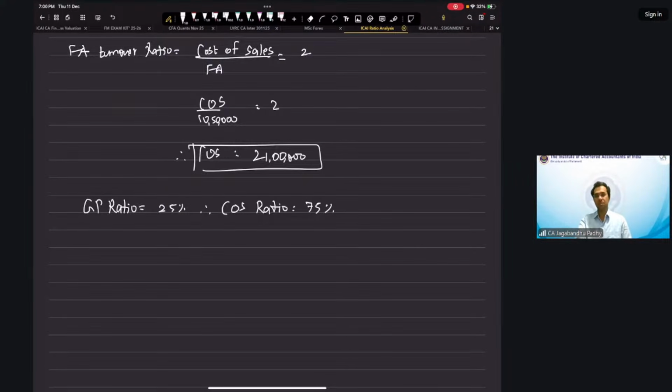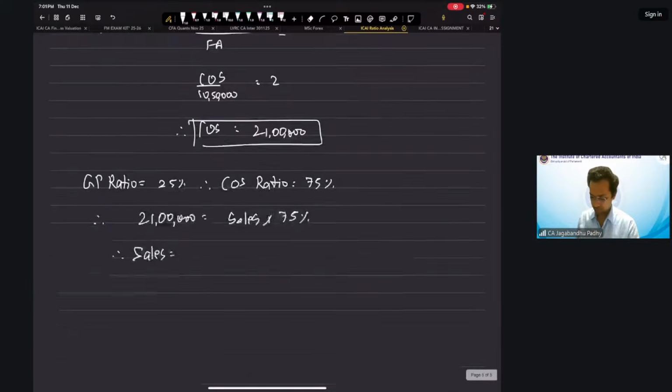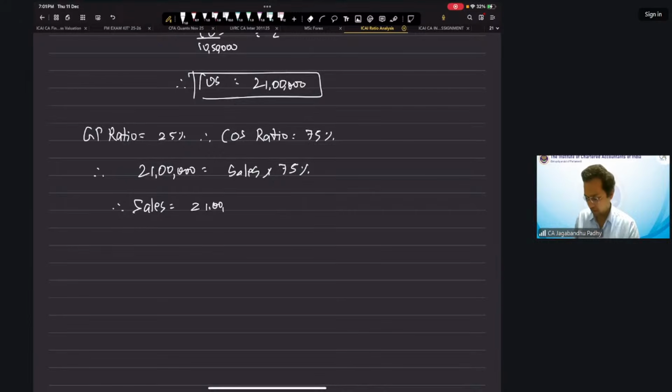The cost of sales ratio is 75%. So can I say 21 lakh is essentially sales into 75%. So we get the sales figure as 21 lakh divided by 75%.